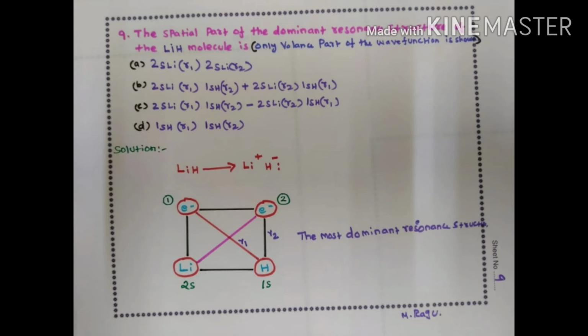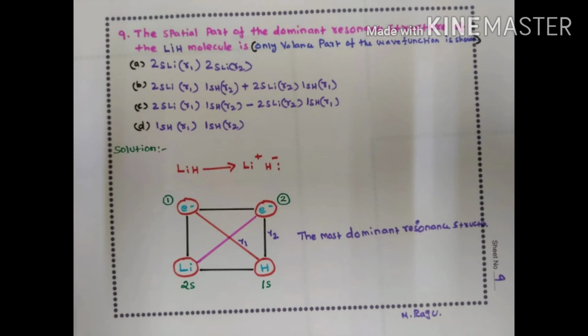Solution: lithium hydrogen gives lithium plus hydrogen minus. See the figure. Lithium is a 2s electron, hydrogen is a 1s electron. Lithium is electron 1, hydrogen is electron 2.